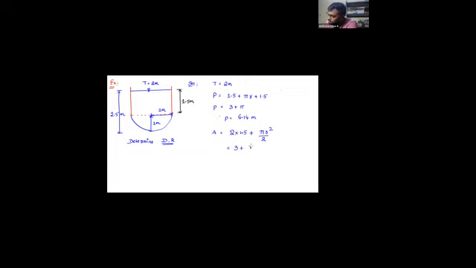So 3 plus pi into 1 square by 2, so pi by 2 plus 3, which is going to be 4.57 meters square. Once I know all these values, then I can find out the hydraulic radius and hydraulic depth. What is the hydraulic depth? 4.57 by top width, which is going to be 2.285 meters. And what is the hydraulic radius? 4.57 by P, 6.14.